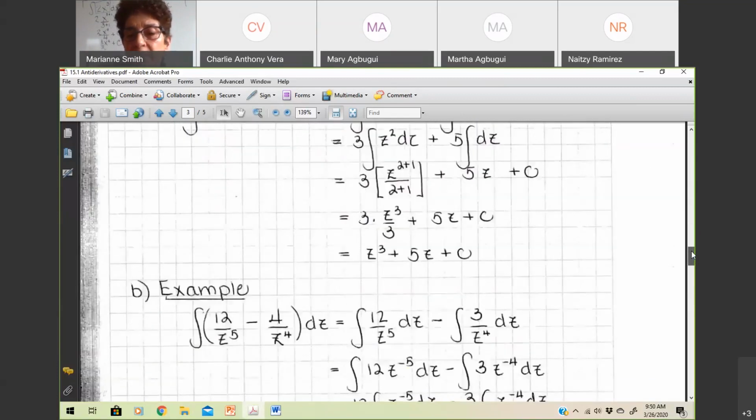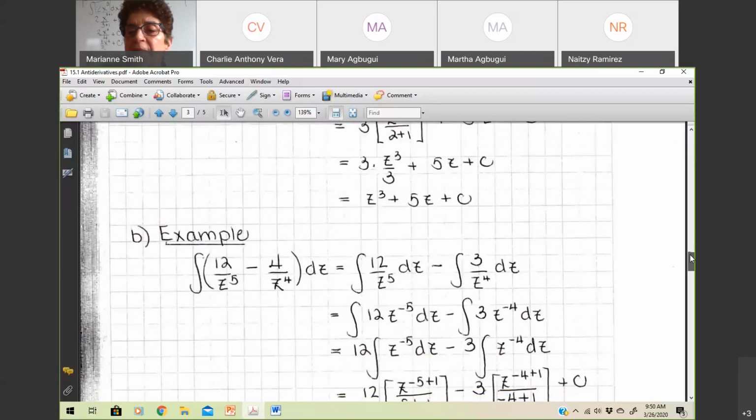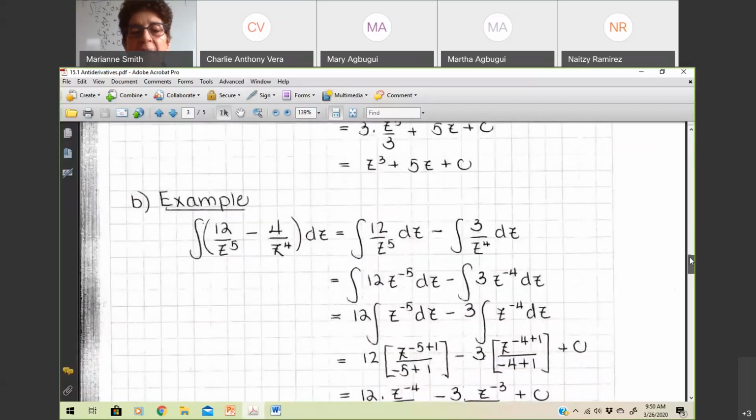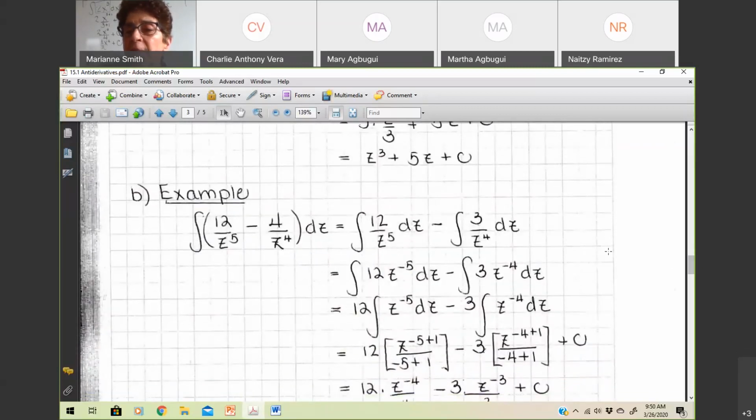Here's an example where I have exponents that are going to be negative numbers. This is a little bit more complicated, but it's not anything you can't handle because you've already dealt with this when you did differentiation. Take a look at what I'm starting with. I have 12 divided by z to the 5th minus 4 divided by z to the 4th.